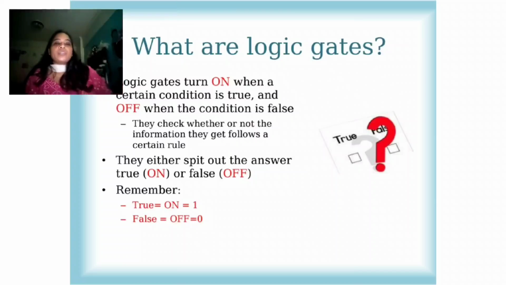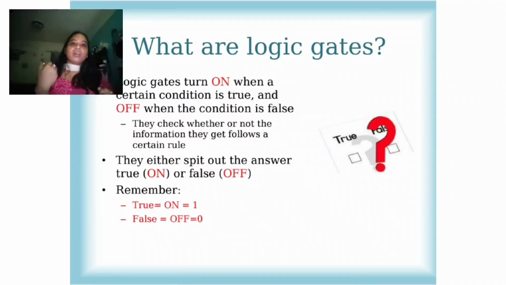Logic gates means when you turn on the position, that condition is true. For example, I'm running a flight. To take off my flight, first of all I should check the condition of my flight.